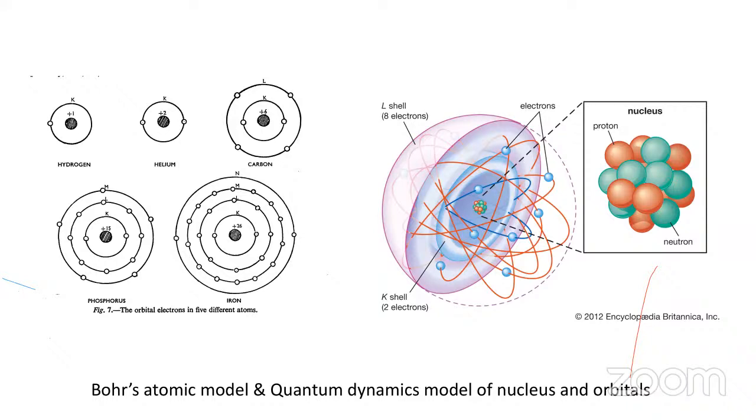So suffice it to say that there's a nucleus in the center, which is very tightly bound, of protons and neutrons. Hydrogen atom is unique in that it has only 1 proton and no neutron, and then 1 electron. And the moment you go to helium, helium has 2 protons, which is the atomic number, and 2 neutrons. So both together give the atomic weight.